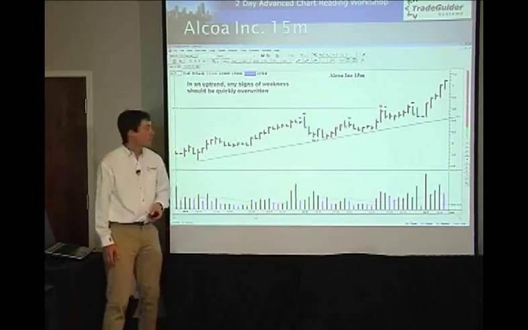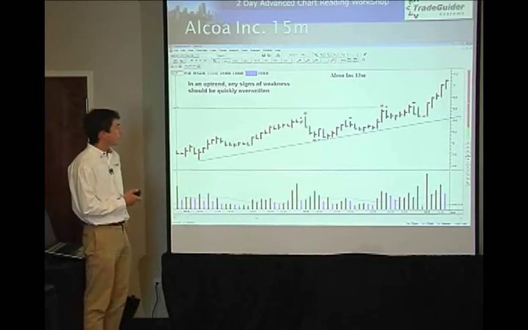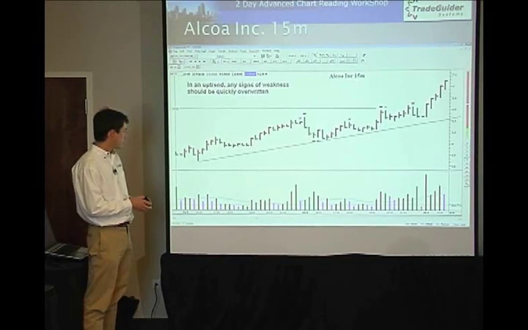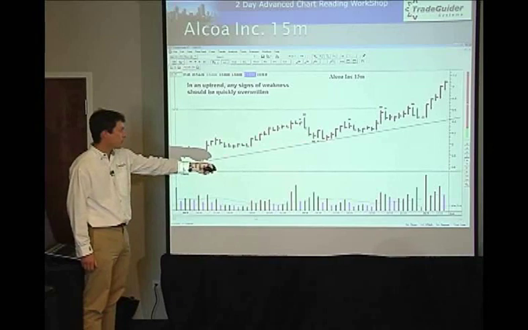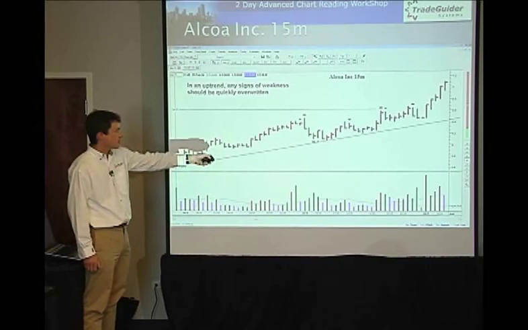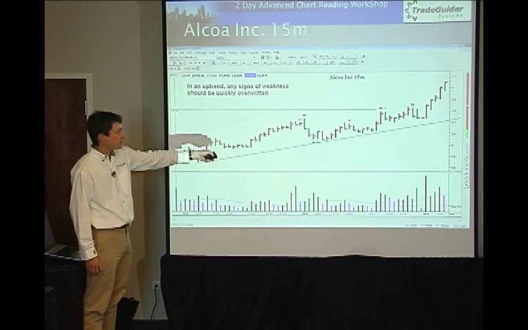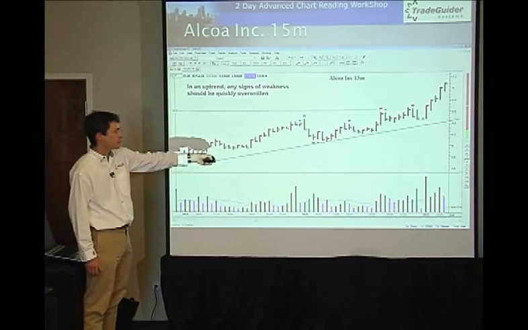Okay, different theme. In an uptrend, any signs of weakness should be quickly overwritten. So I've taken a low and I've taken another low. As you can see, the trade guide has come up with one indicator and several red indicators, but we're in an uptrend.